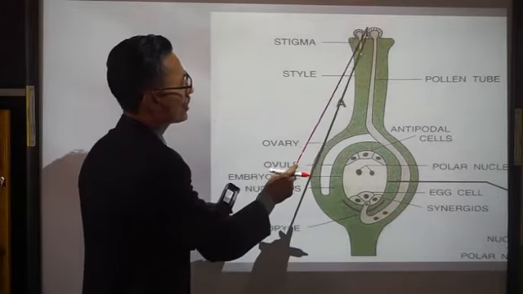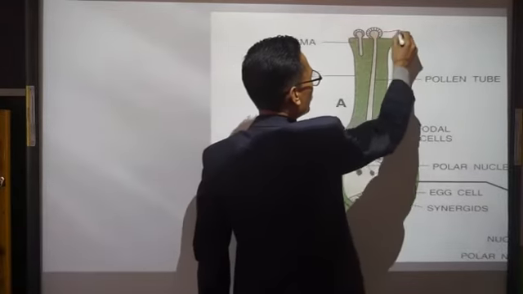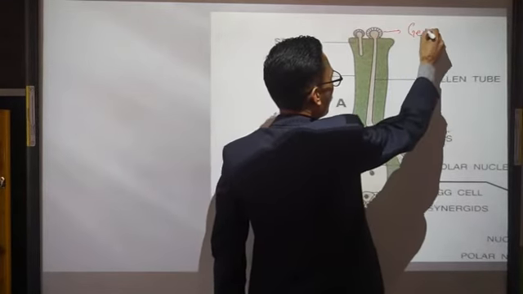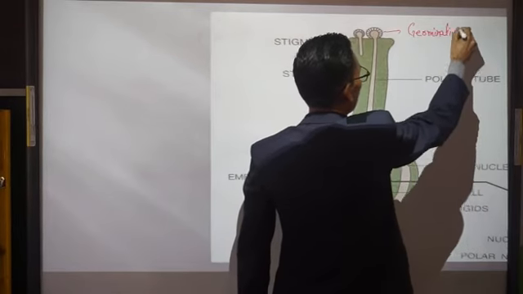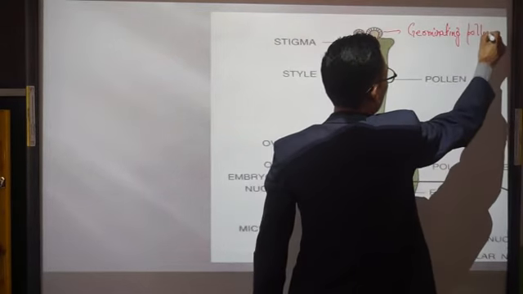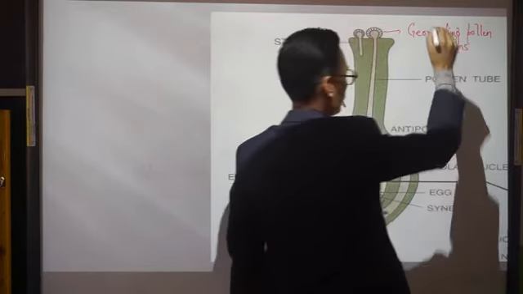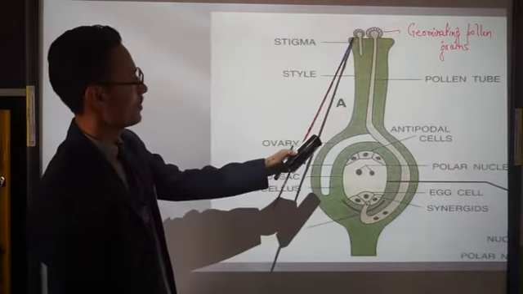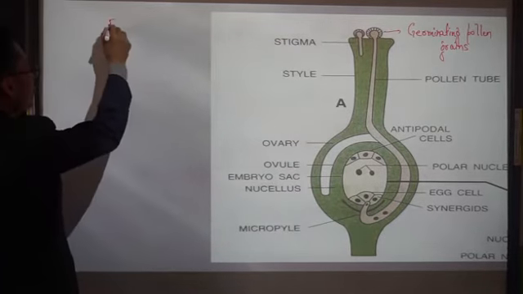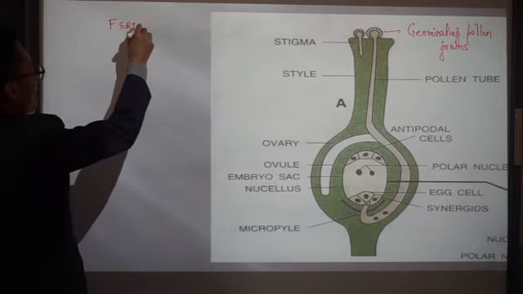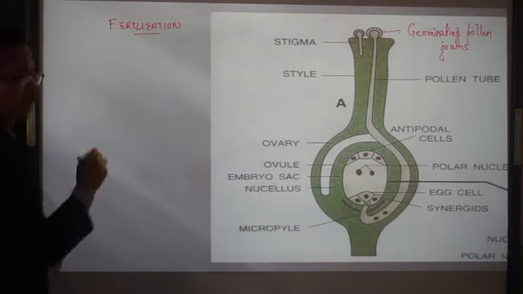This particular structure which you are seeing over here is the germinating pollen grains. So now we are going to talk about the process of fertilization in flowers.